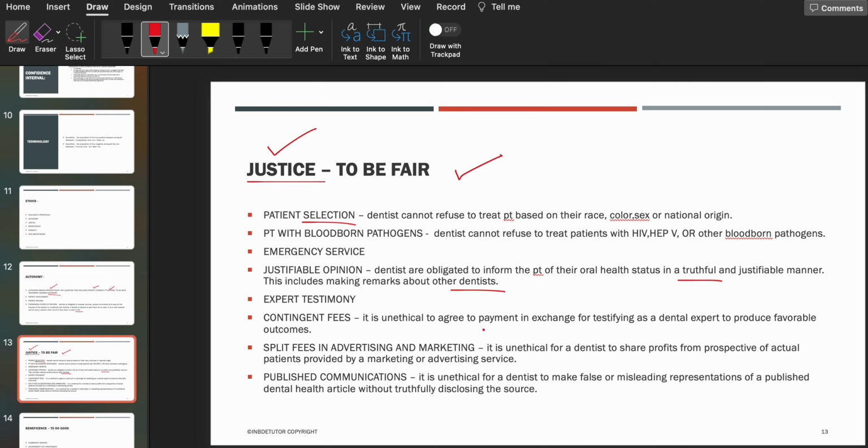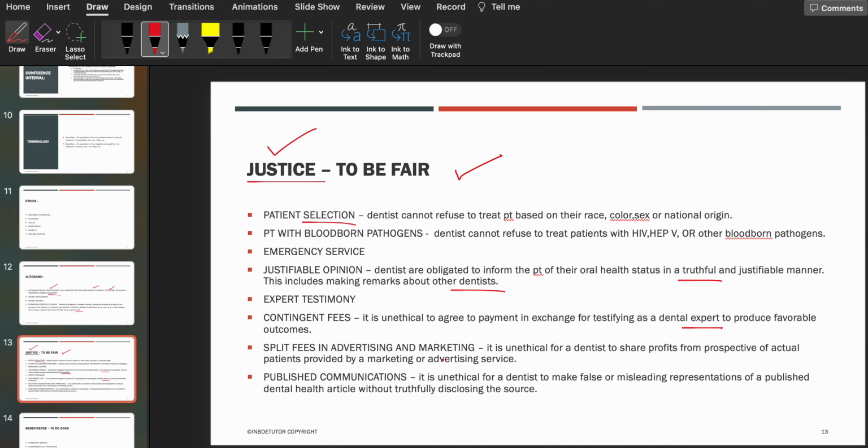Contingent fees: it is unethical to agree to payment in exchange for testifying as a dental expert to produce favorable outcomes. Again, that means if a dentist is being sued and you are called to court to give testimony, you cannot agree to a payment just so that you can give a favorable decision to the party that is paying you.